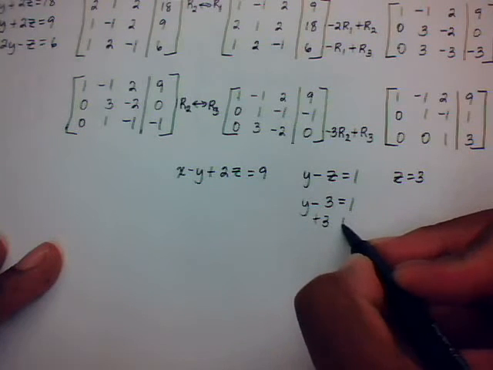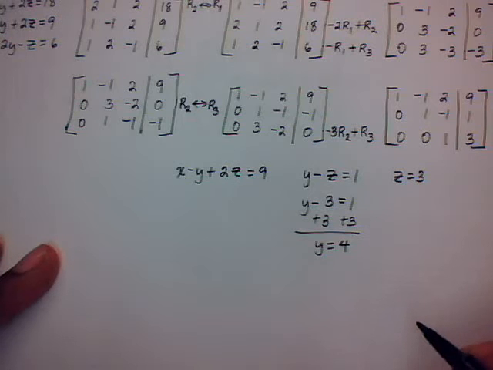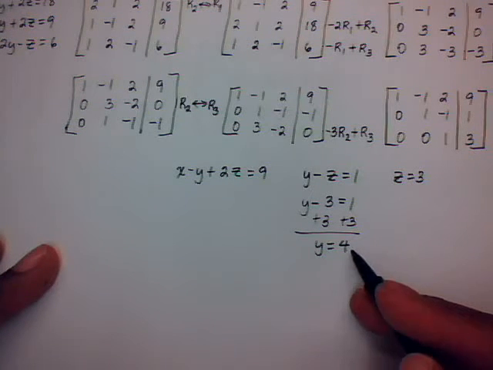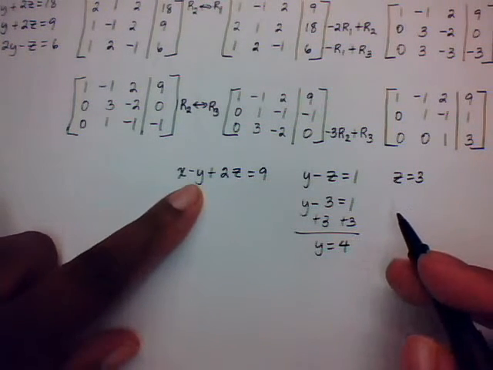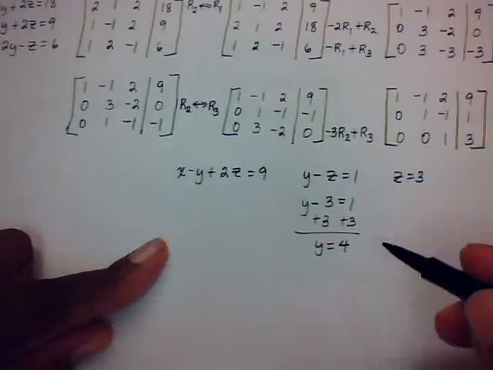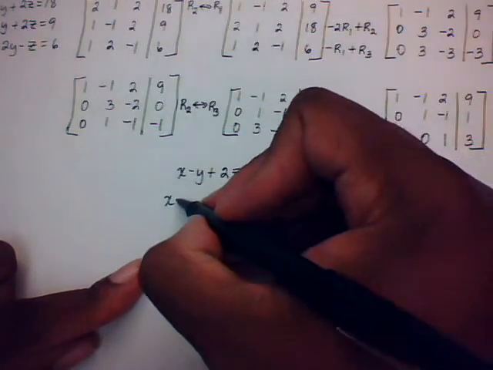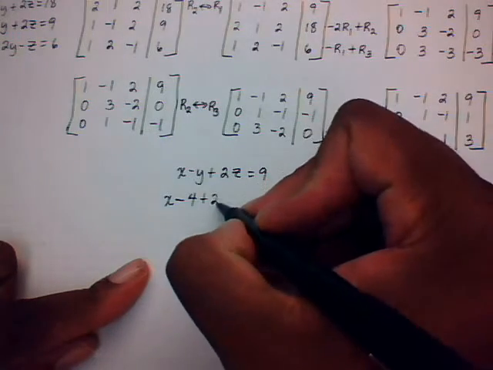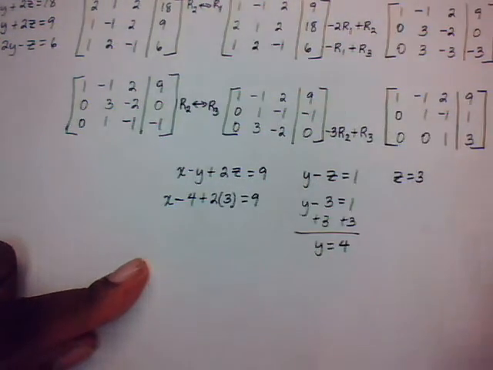Now solve for y by adding 3, you're going to get y is equal to 4. Since y is equal to 4, z is equal to 3, let's substitute those values into the first equation to find out what x is. So now you get x minus y, which is 4, plus 2 times z, which is 3, that's equal to 9.